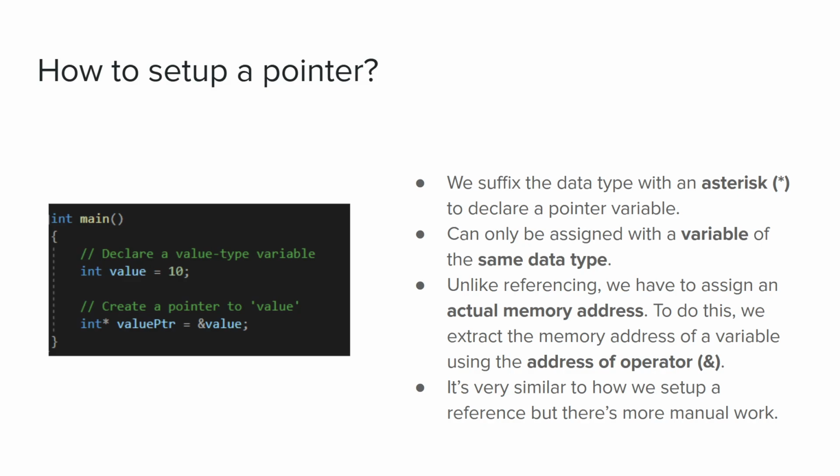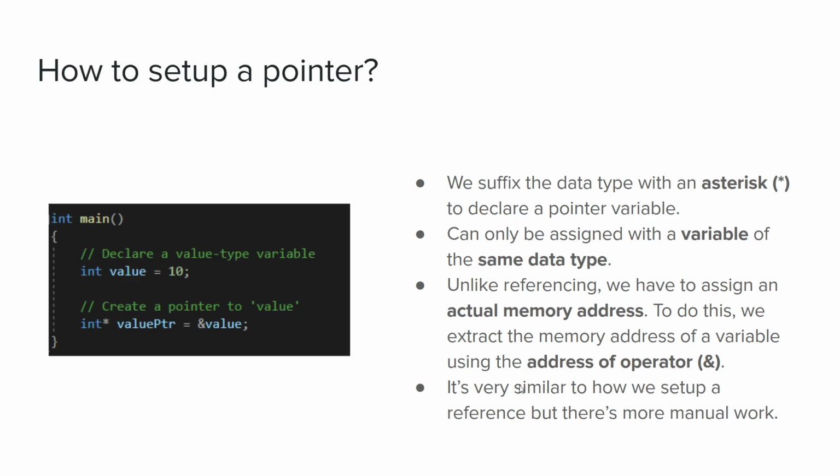Okay. So unlike referencing, we have to assign an actual memory address. To do this, we extract the memory address of a variable using the ampersand operator. So it's like a reference. We use the reference to point to an address, right? So if you want to point the pointer to the address of an int, you use the ampersand operator.